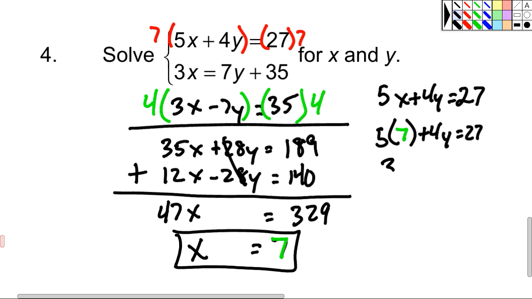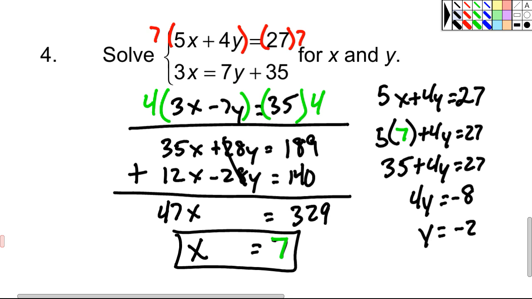So we get 35 plus 4y equals 27. Then you do 27 minus that 35 over there. And what does that come to? Negative 8. 4y equals negative 8. Divide both sides by 4. Y equals negative 2.